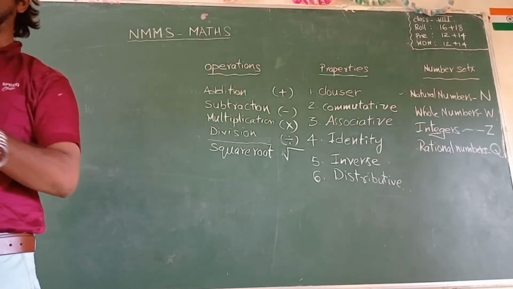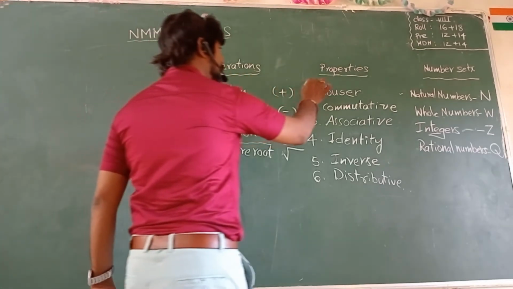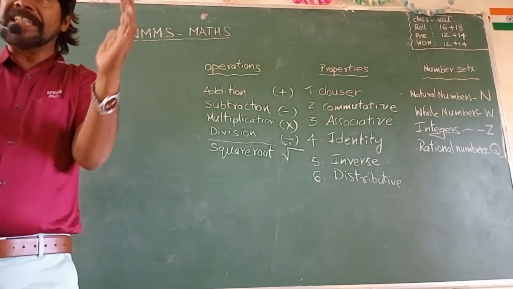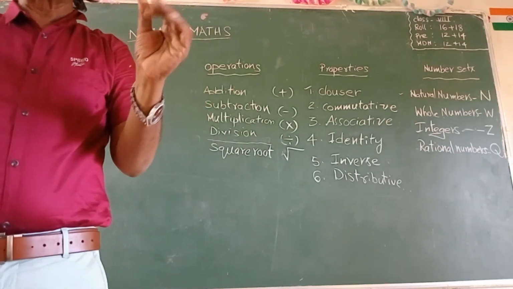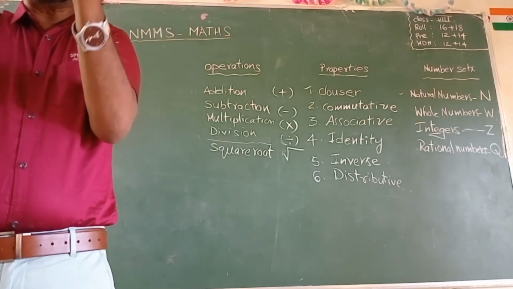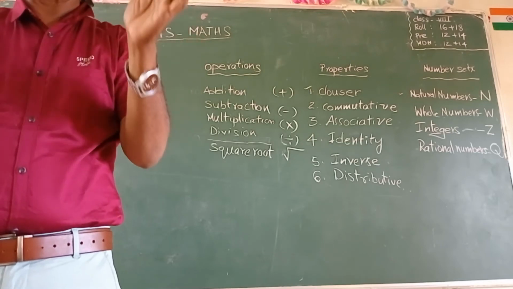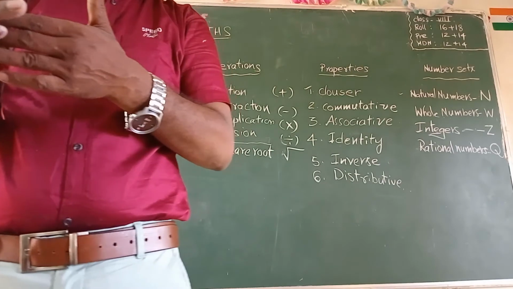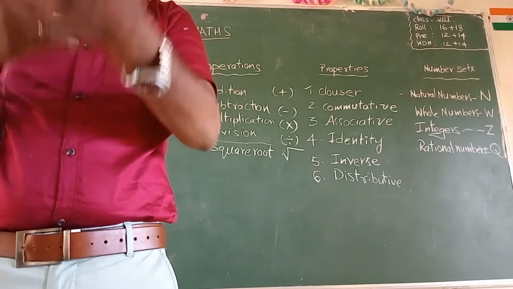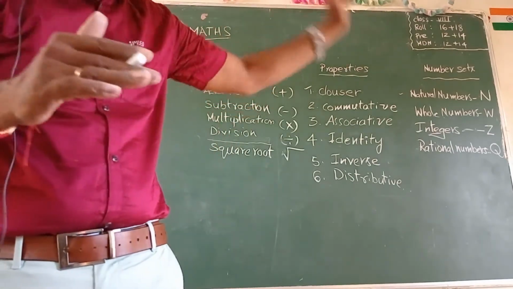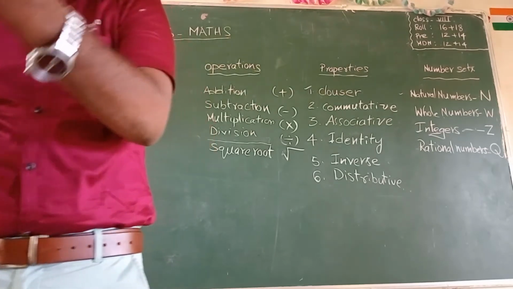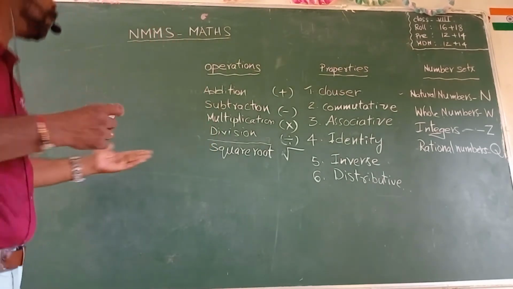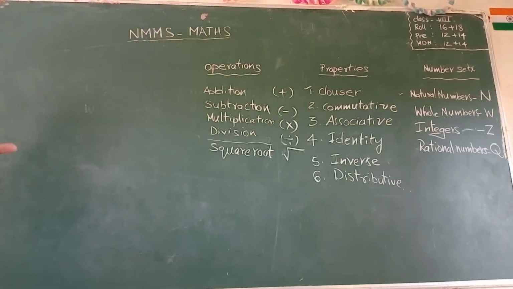Now, what is a closure property? First property is called closure. Closure means it is closed. Closed means that the answer is in the same set. అర్థం ఏంటంటే, if you take any numbers in that set, suppose I am going to check for natural numbers.